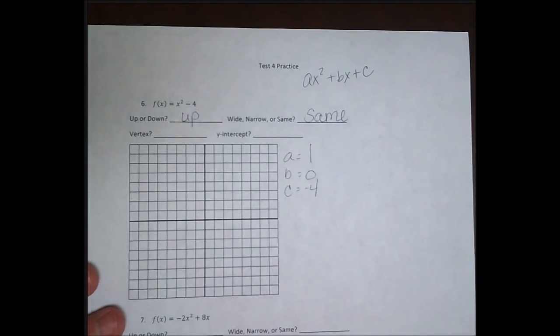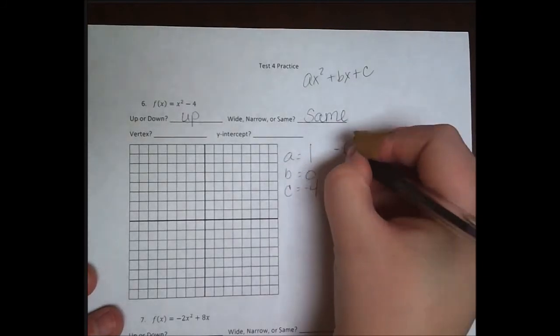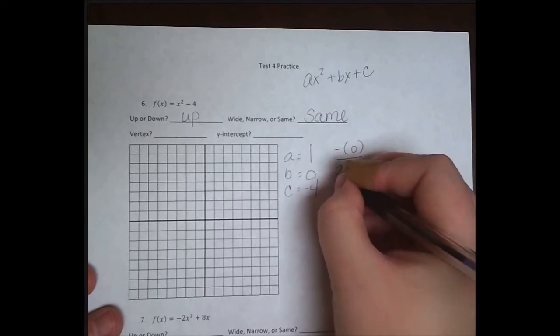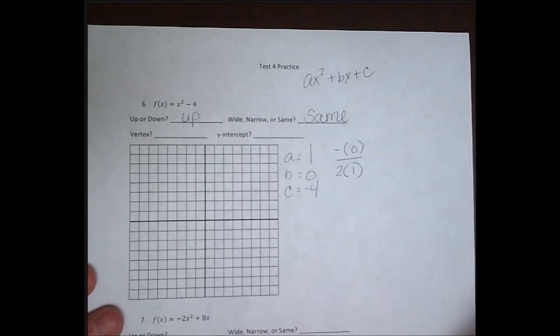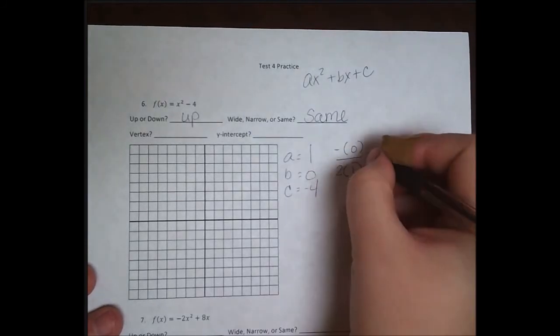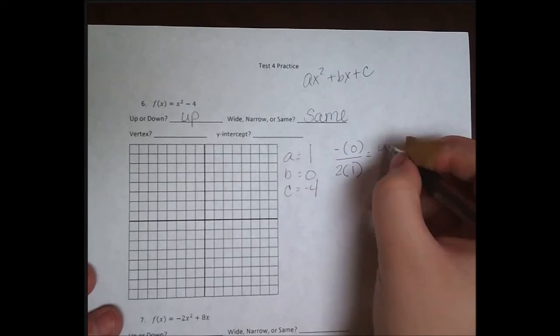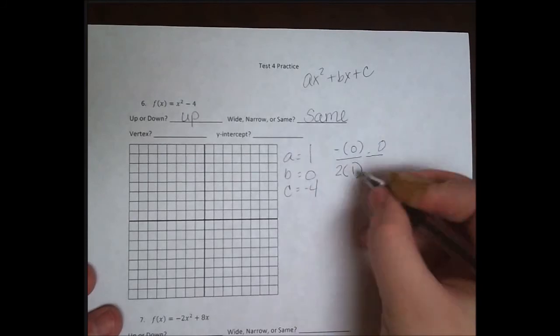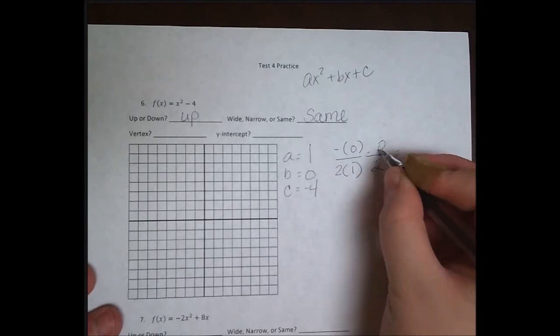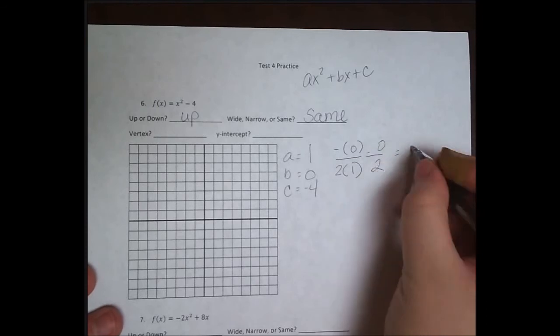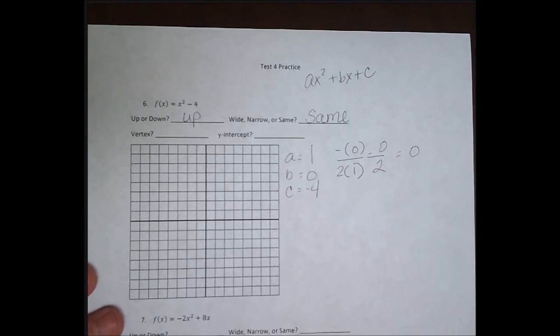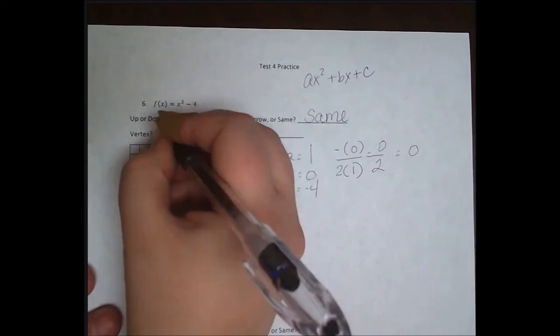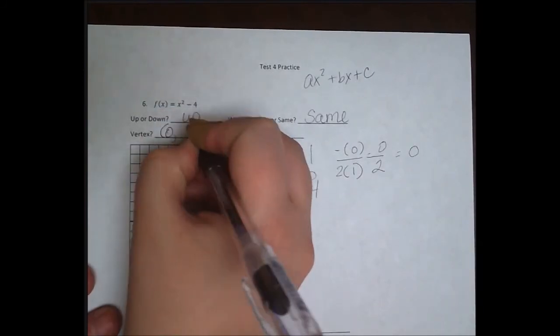So negative b over 2a. The opposite of 0 is just going to give us a 0. 2 times 1 is 2. And then 0 divided by 2 is 0. Remember, whenever you divide a 0 by a number, it's always going to give us an answer of 0.